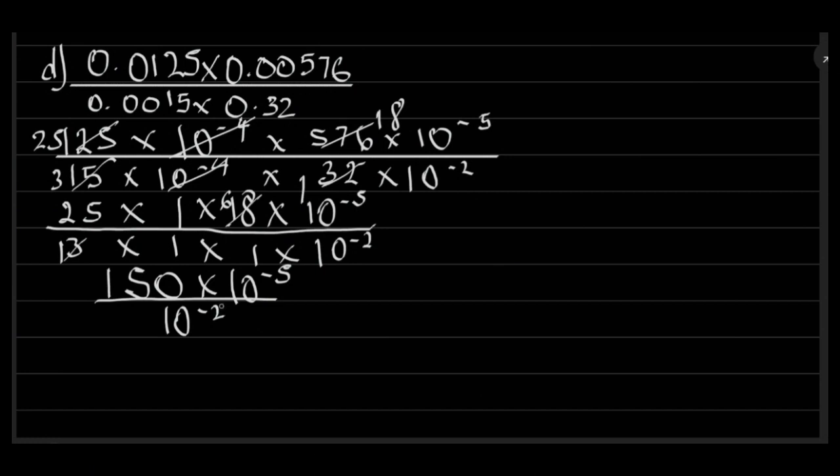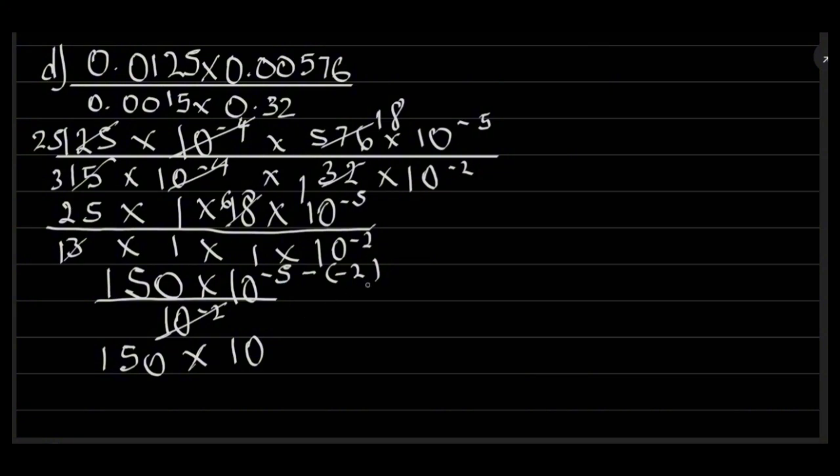So next, we are supposed to cancel this and then subtract. So we are going to have minus minus 2. Don't confuse yourself and ignore the minus. It is supposed to be minus 5 minus minus 2, and these 2 minuses become plus. So we will be having 150 times 10.